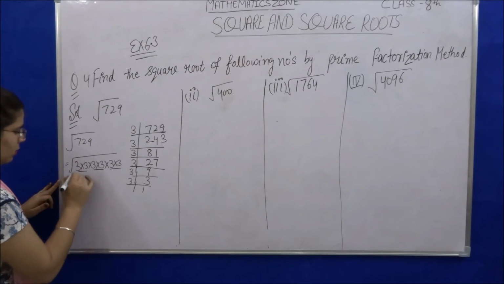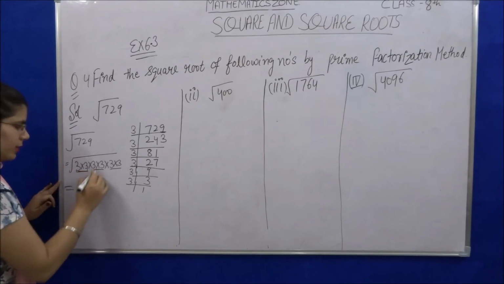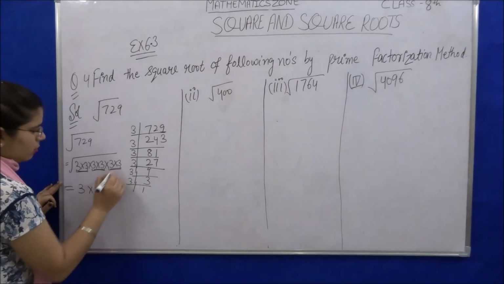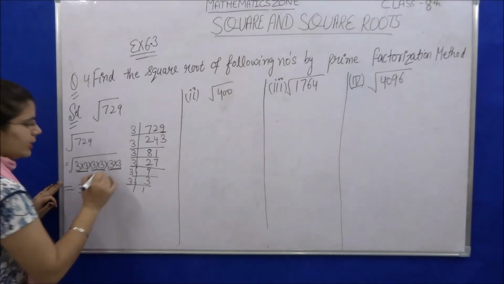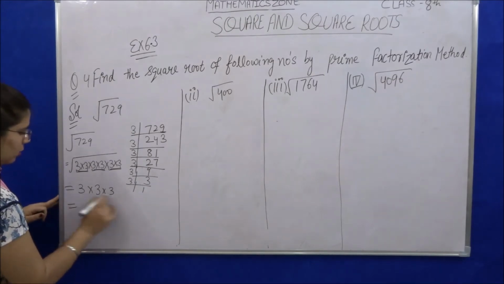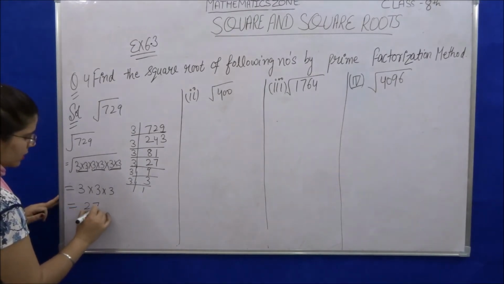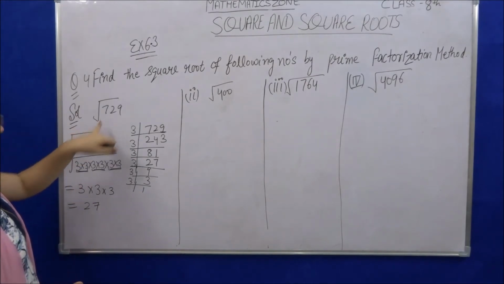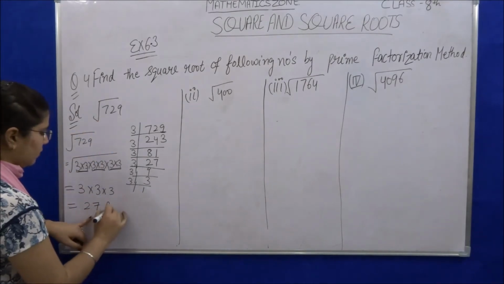So one 3 from the first pair will be taken out. From the second pair, one 3 will be taken out. One 3 will again be taken out from the third pair. Now the product of these 3 will be 27. So this is our answer. Square root of 729 will be 27.